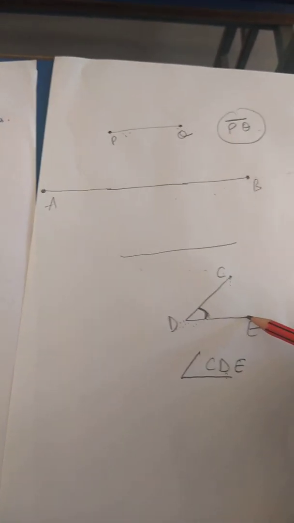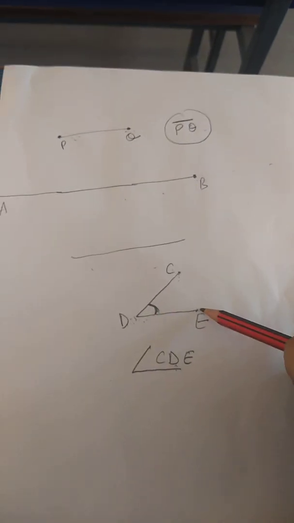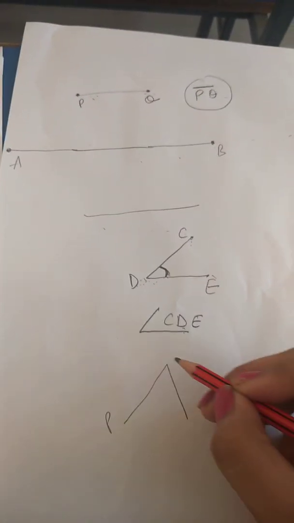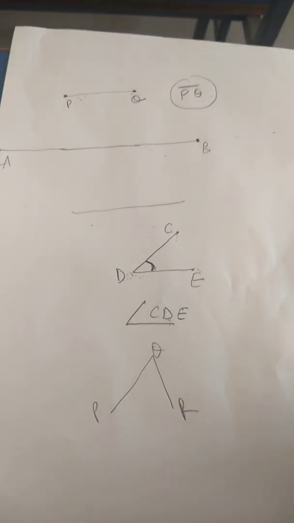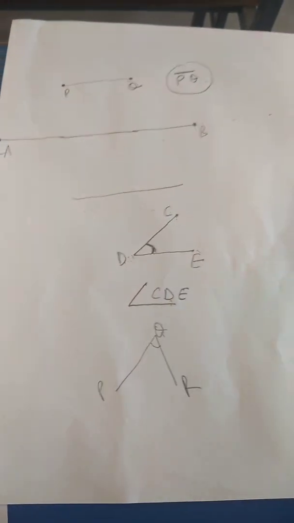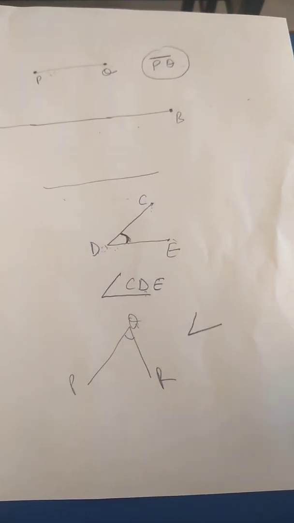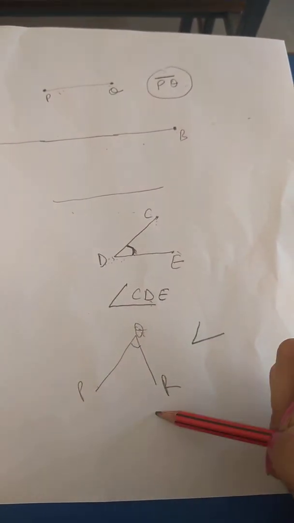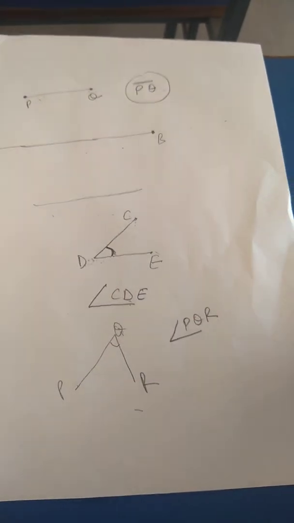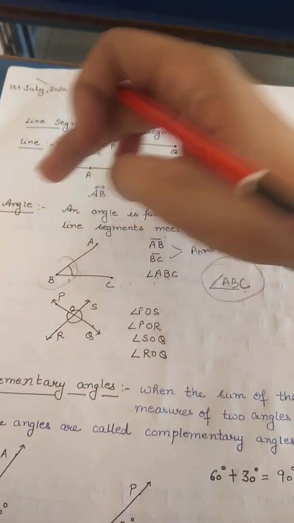This is C and this is E. So you can write angle D as CDE. Okay, now one more. PQR. If you want to find this angle, how can you write it? First write the symbol. Now PQR. So you can write PQR. Okay, so this is your definition of angles.